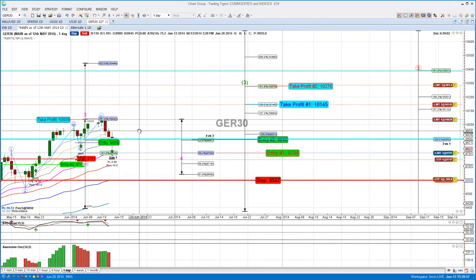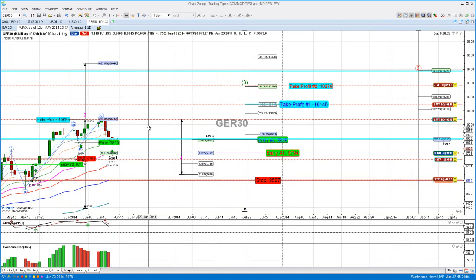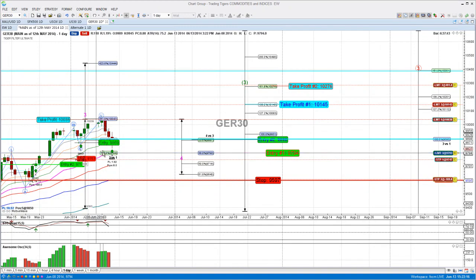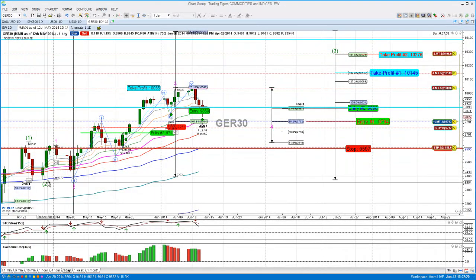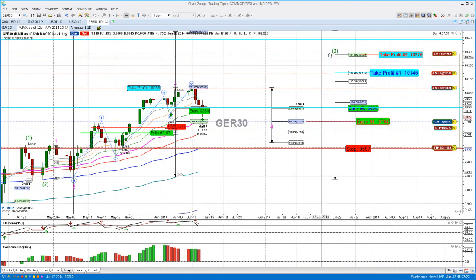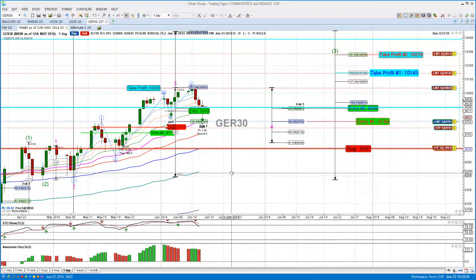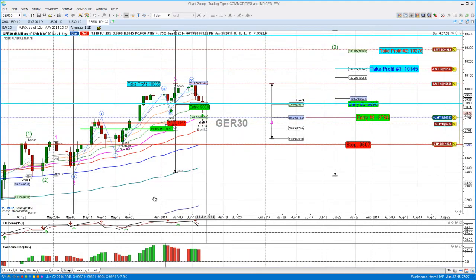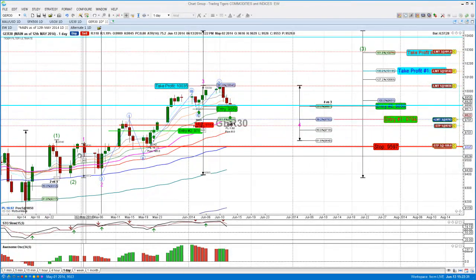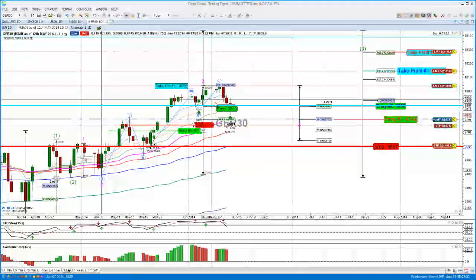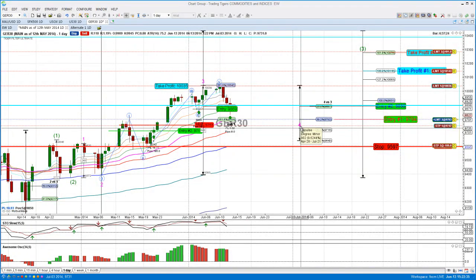When we look at the further waves down, the subwaves are the intermediate, which is in a 1, 2, 3. There's the third wave, and then we have the minor wave, which is also in a 1, 2, 3, and the 4th is there.